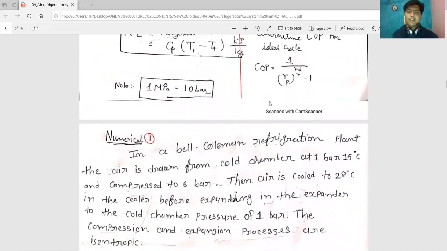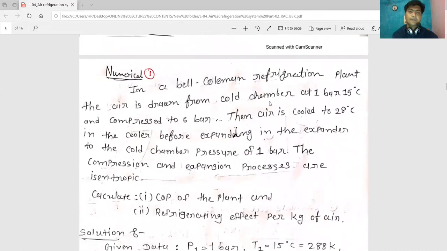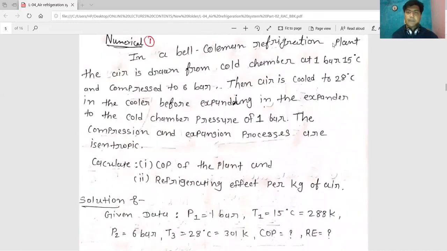So let us start numerical number 1. In a Bell-Coleman refrigeration plant, the air is drawn from the cold chamber at 1 bar and 15 degrees and compressed to 6 bar.